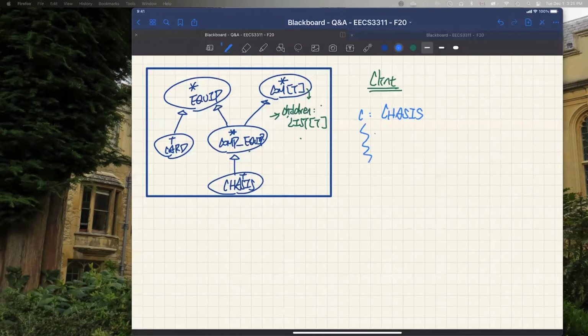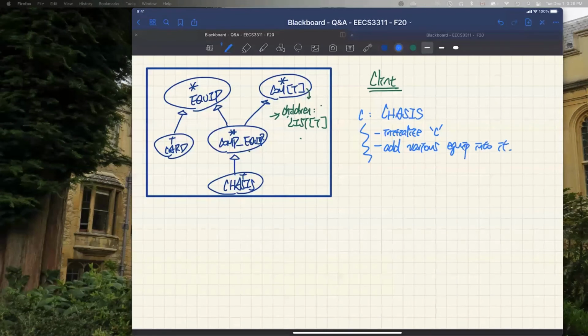I simply initialize the chassis C, and also let's say I add the various equipments into it. Let's say I have done that already, right? Add the various equipments into it. For that, you know how to write a code.